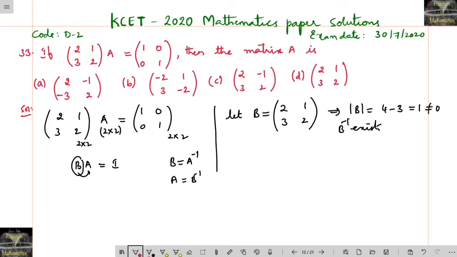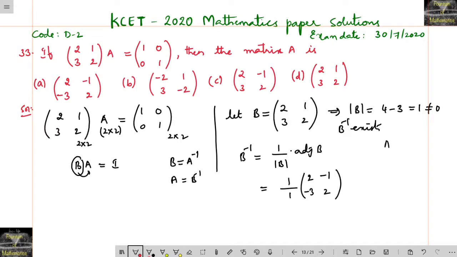So now B inverse, what is the B inverse formula we had? B inverse is equal to 1 by det B into adjoint of B. So this is 1 by 1 adjoint of B. We can write the diagonals are interchanged, 2 and 2, and here other than the principal diagonal there is one more diagonal, 1 and 3, which are kept in place with signs changed to minus 1 and minus 3.